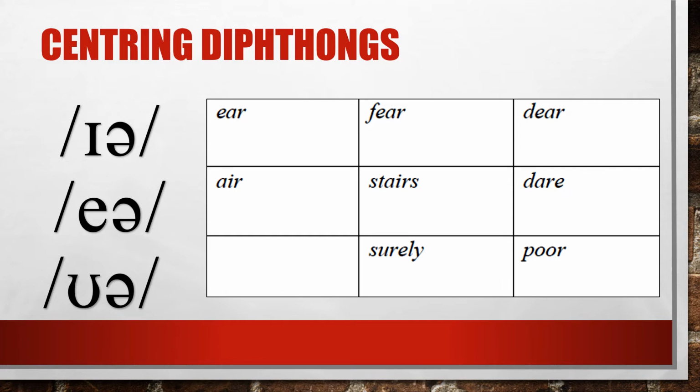So, younger generations are not using ua, instead they are using o. So instead of saying poor with ua, they say poor with the thought vowel. Instead of saying sure, they say sure. And actually nowadays that second pronunciation with the thought vowel is becoming the most common one.